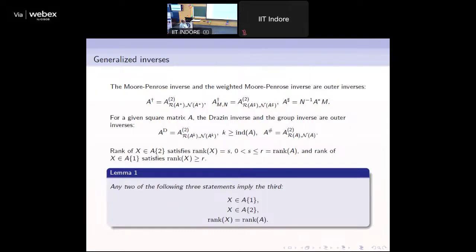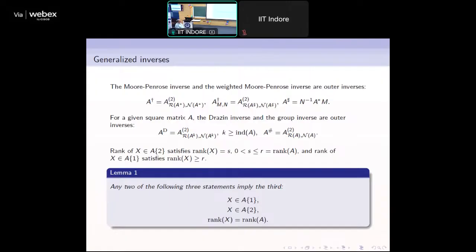And lemma 1 gives one useful property of reflexive inner inverses. This property is related with the class of inner inverses, outer inverses, and matrix rank.